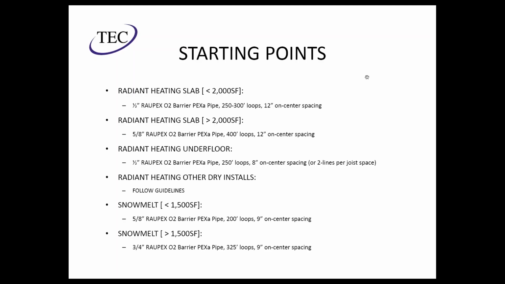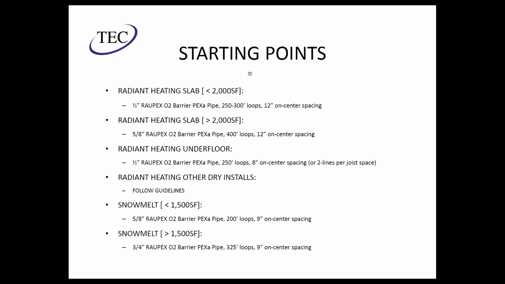some different starting points. For radiant heating in a slab under 2,000 square feet, we would recommend half-inch piping, 12-inch centers, and 250 to 300-foot loops. If you go any larger than that, we would probably recommend going to 5/8 inch pipe or just smaller manifolds.